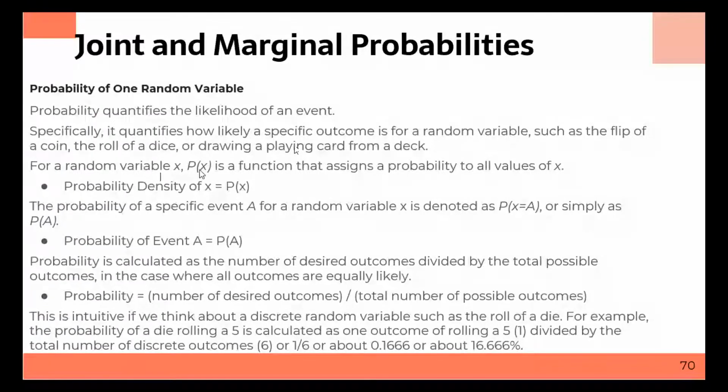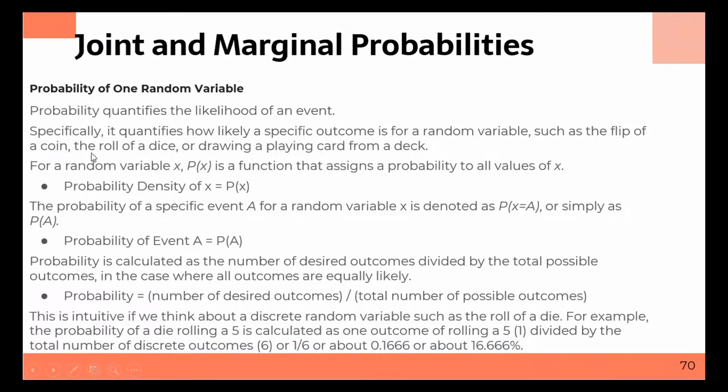For a random variable x, p of x, that is probability of x, is a function that assigns the probability to all the values of x. X may have any possible value. For example, if you toss a coin, you will have heads or tails.